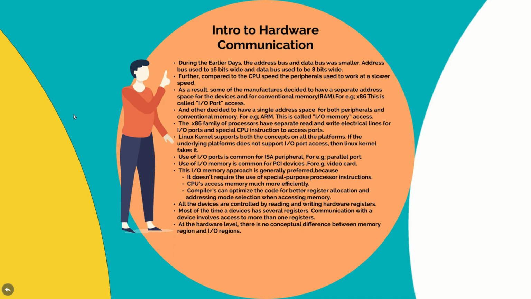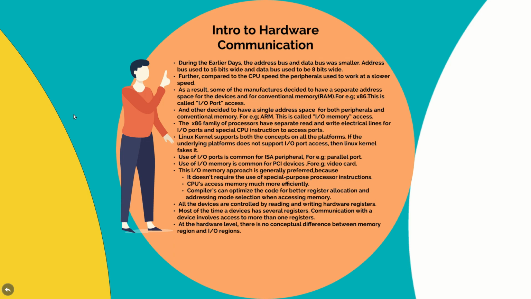If the underlying platform does not have those two lines and so does not support IO port access, the Linux kernel fixes it. The use of IO ports is common in ISA peripherals, for example the parallel port, and the use of IO memory is common for PCI devices, for example a video card.